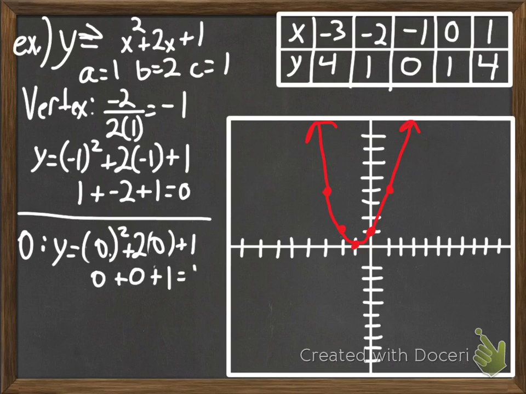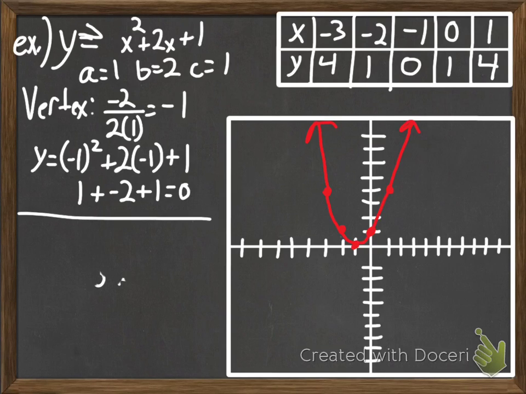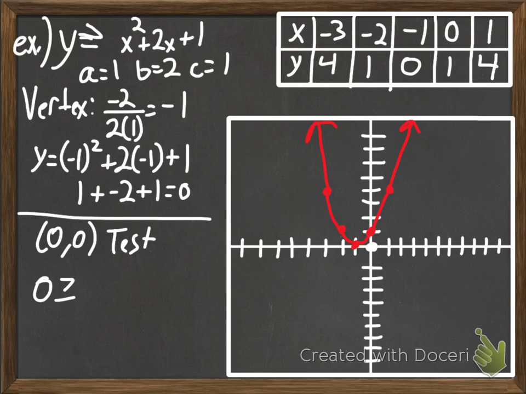Finally, we have to test a point, and it looks like we can test 0, 0. So 0, 0 is right here. We're going to plug in 0, 0 to see if it's true or false. So we get 0 greater than or equal to 0 squared plus 2 times 0 plus 1.